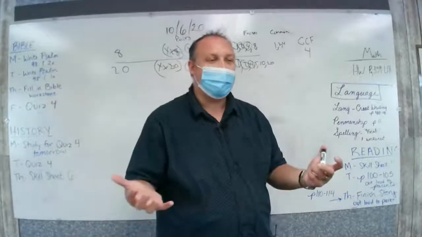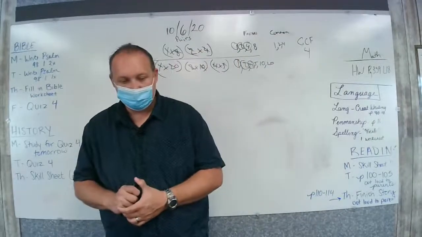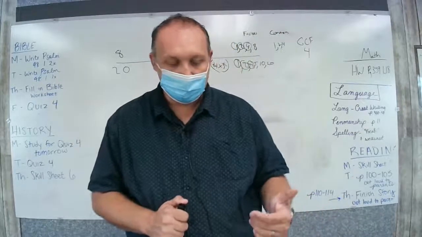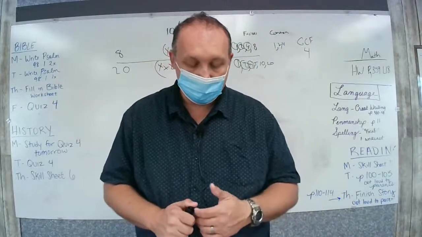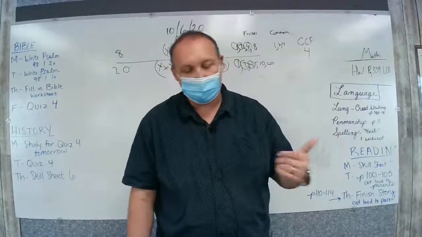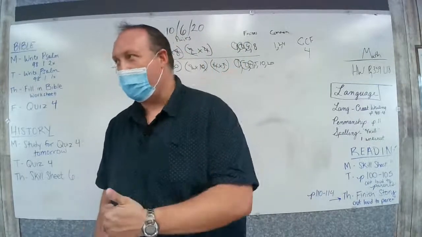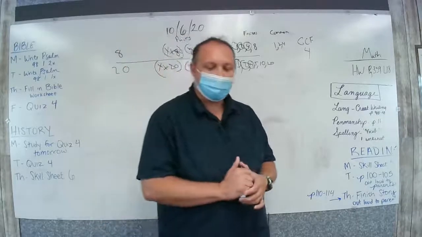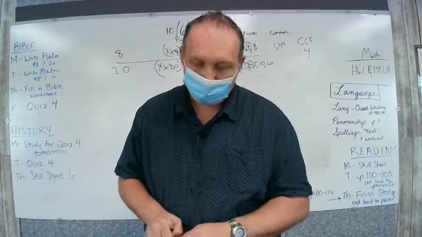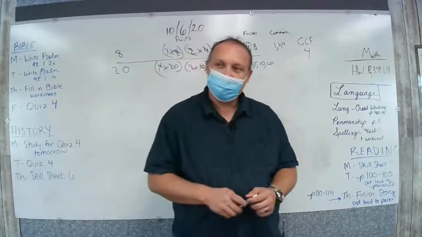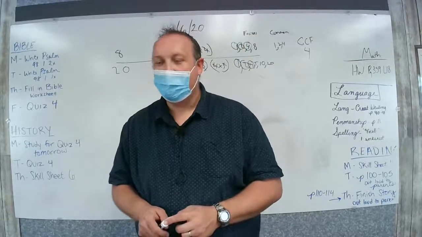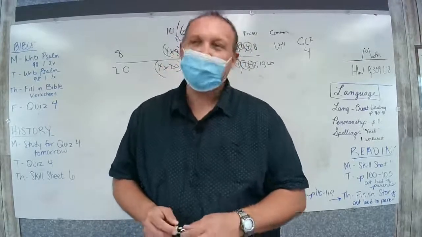For 12, what do we have for our factors, Josiah? 1, 2, 3, 4, 6, 12. What are the factors we have in common? 1 and 3.